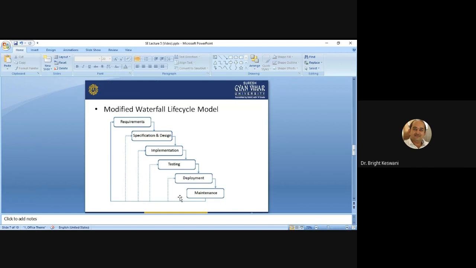And there are some major extensions in the model over the original model. What are these extensions? The first major extension is that it introduces certain interactions between the phases, along with the restriction of providing interactions, if possible, only between successive phases, in order to reduce the expense of revision that results from iteration over multiple phases.